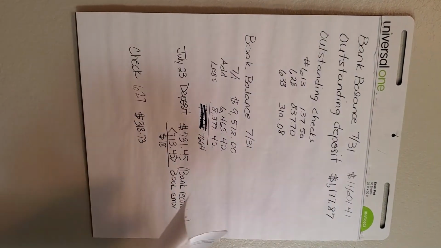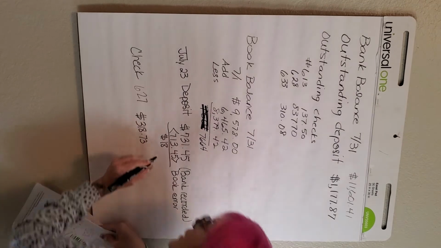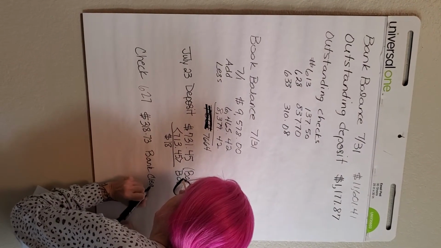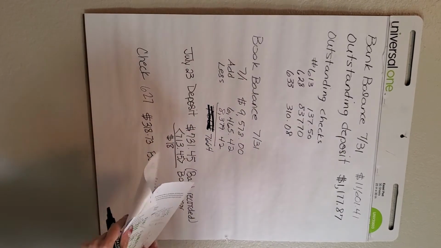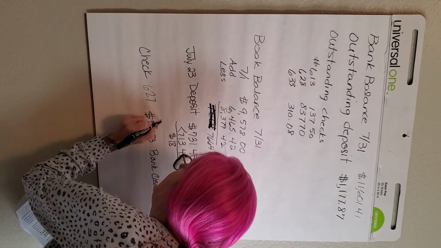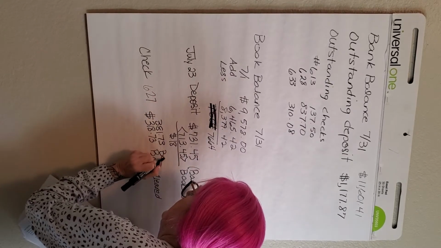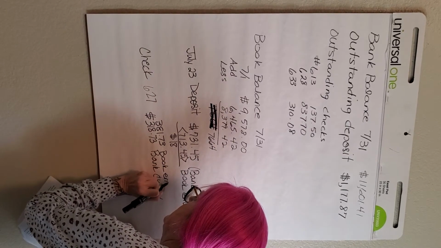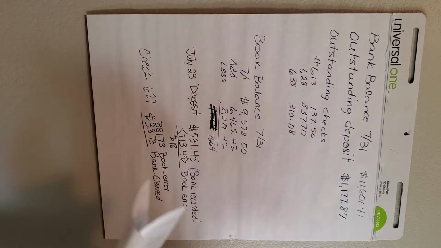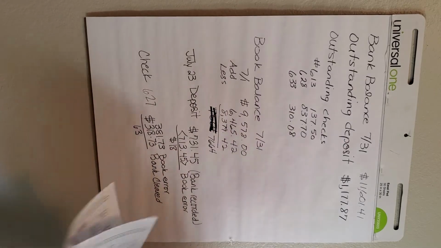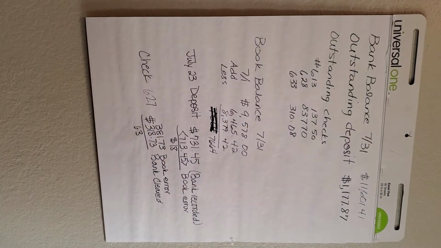Oh no, that's what the bank cleared. We recorded it as $381.73. So we took too much out of our account again there by $63. So we need to add that back in. So we're going to put add error.